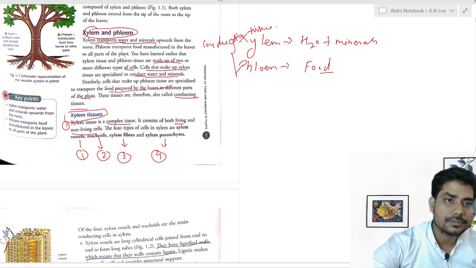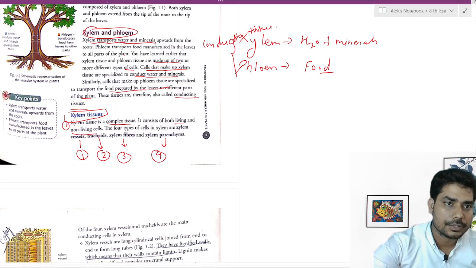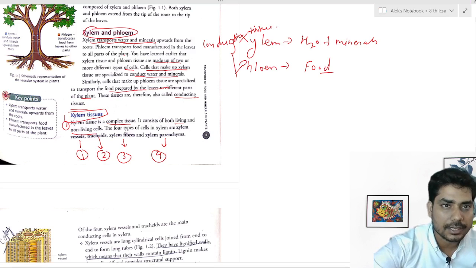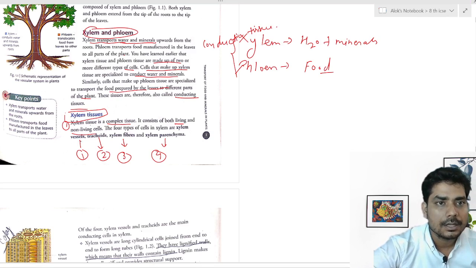So, what is the function of xylem? Xylem transports water and minerals, and it is made up of four types of cells: first a vessel, second a tracheid, third a xylem fiber, fourth a xylem parenchyma. Two cells are very important for the transport of water and minerals, the vessels and tracheids.